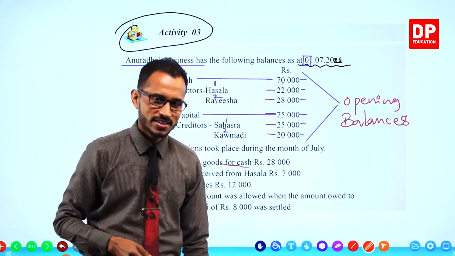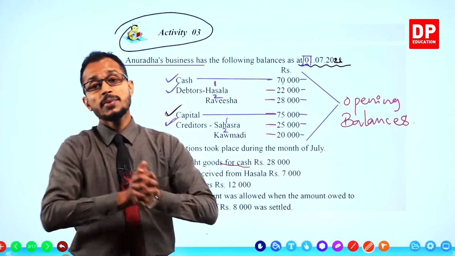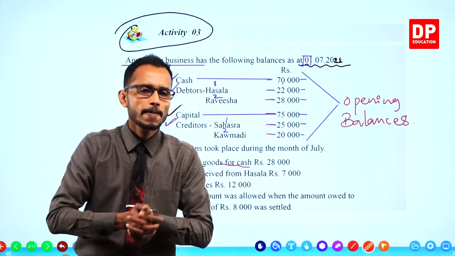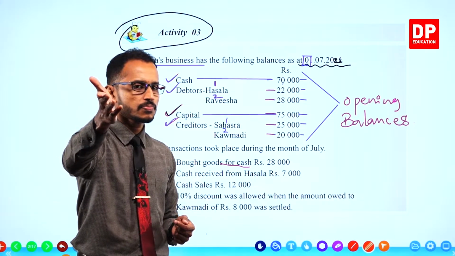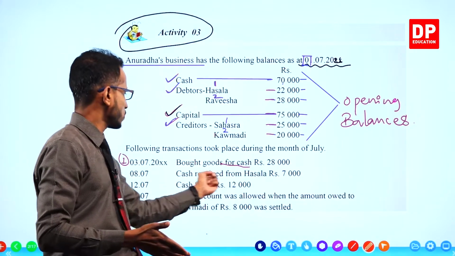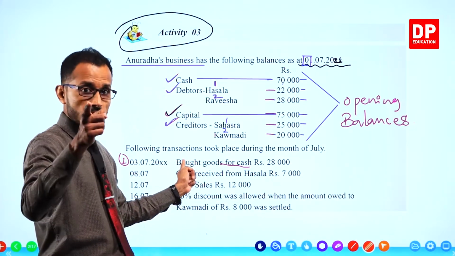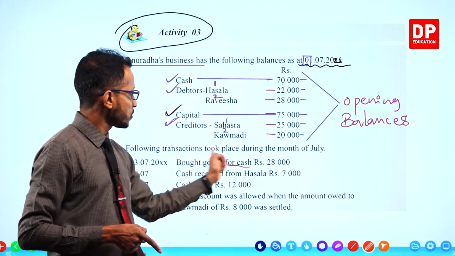Got the double entry. All right, I know that you got the double entry, but you tell me which account should be debited, which account should be credited again. Which account should be debited, which account should be credited? This 28,000 of this transaction for buying goods.